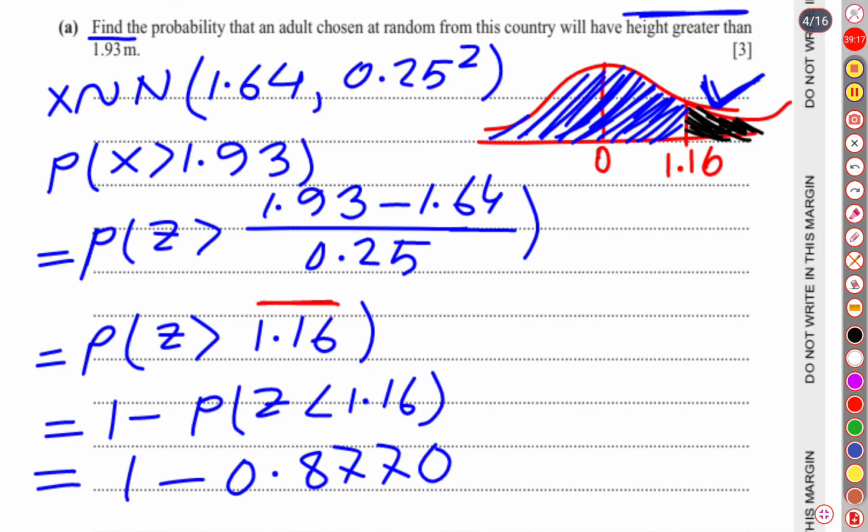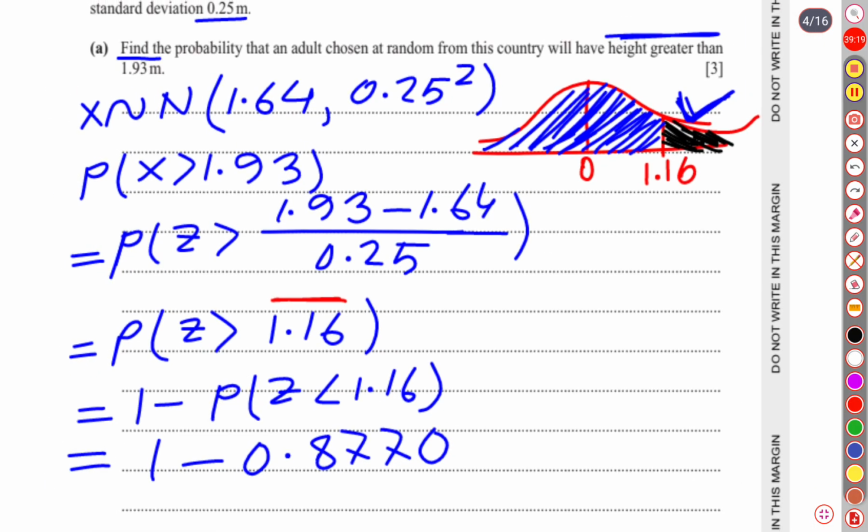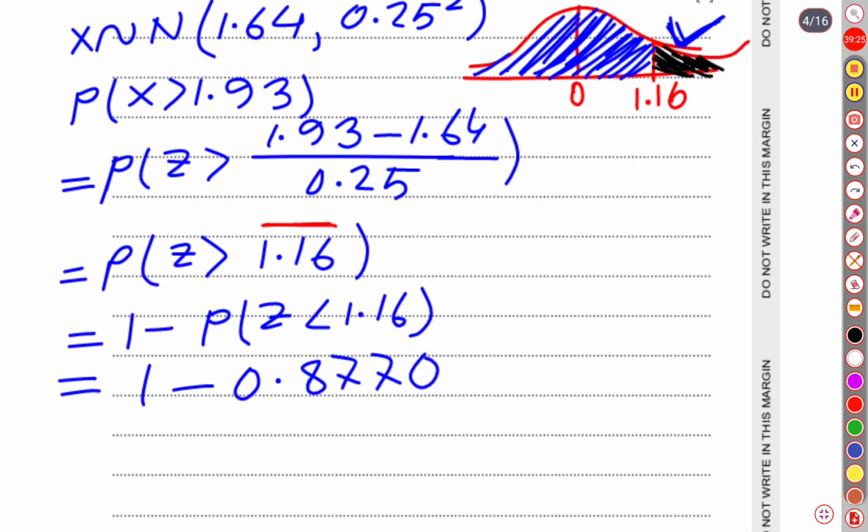After subtraction, we get 0.123. That is our corresponding probability for this given z score.